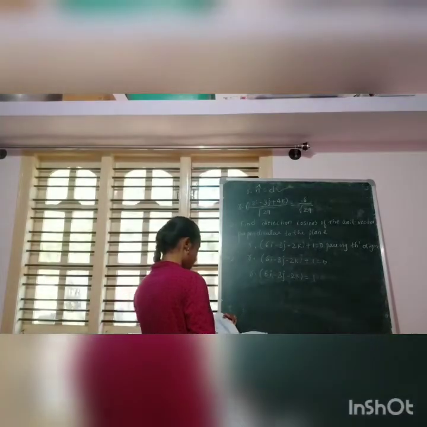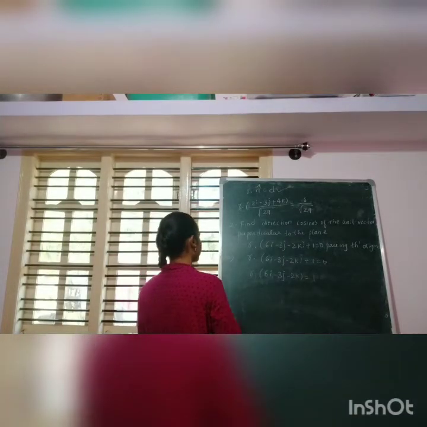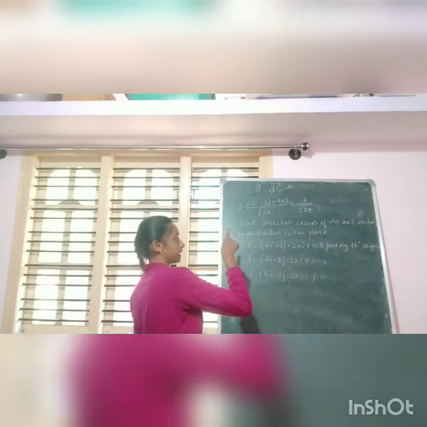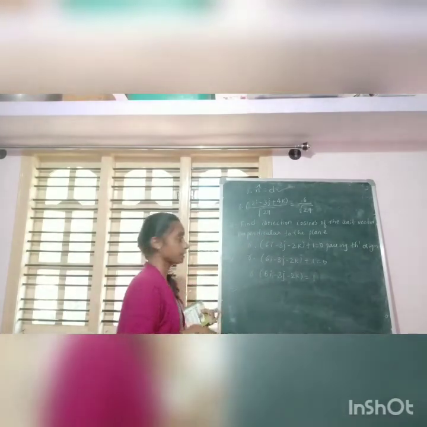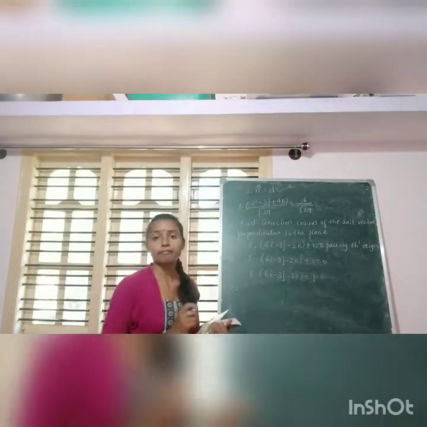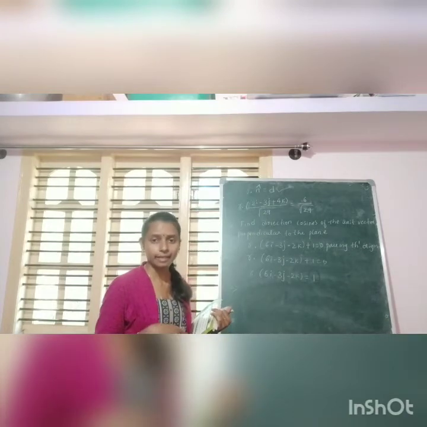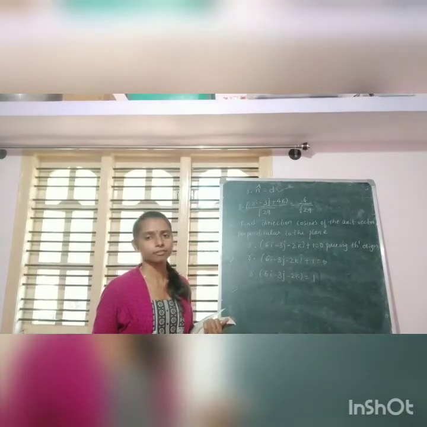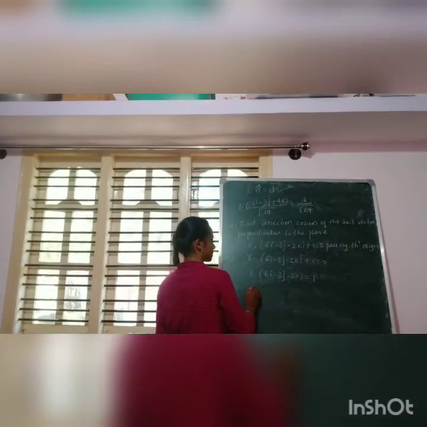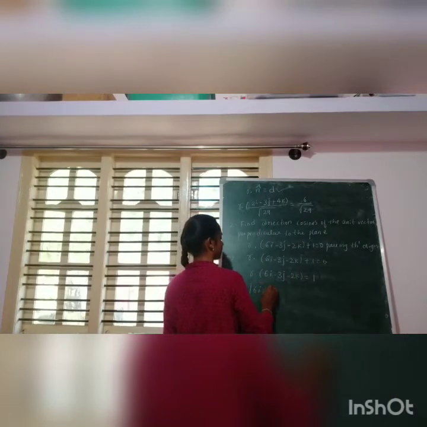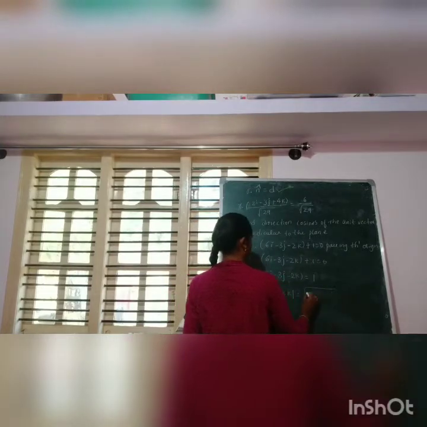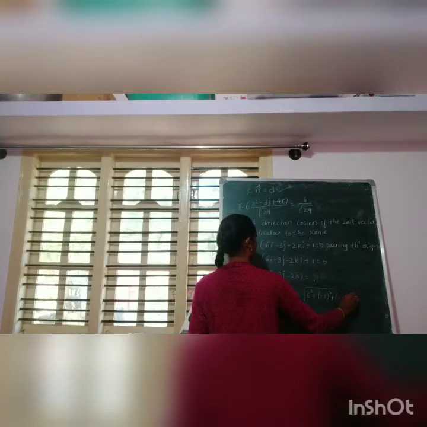Now find the magnitude of this vector. We have to find the direction cosines of a unit vector. The n vector is given, so you have to find n cap. Then the coefficients of i, j, k give the direction cosines. Here, the modulus of 6i minus 3j minus 2k is the square root of 6 squared plus minus 3 squared plus minus 2 squared.